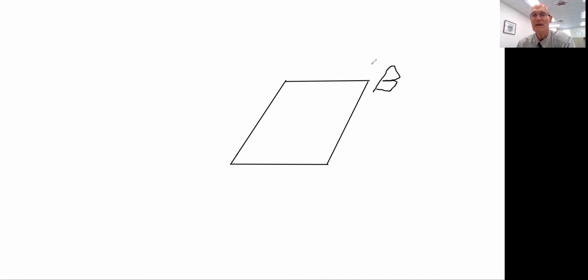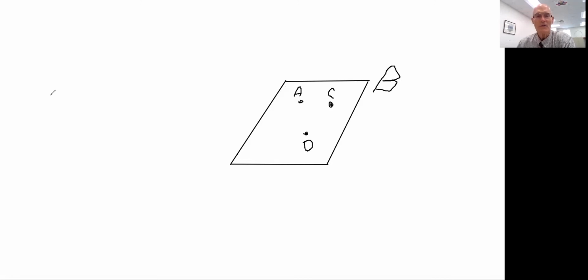That would be plane B. Or I can pick any three points on the plane, like let's see, this is point A. And this point over here would be point C. And this point down here would be point D. And I can talk about plane ACD. Any three points that are not collinear determine a plane. So A, C, and D here are coplanar because they're all in plane B.